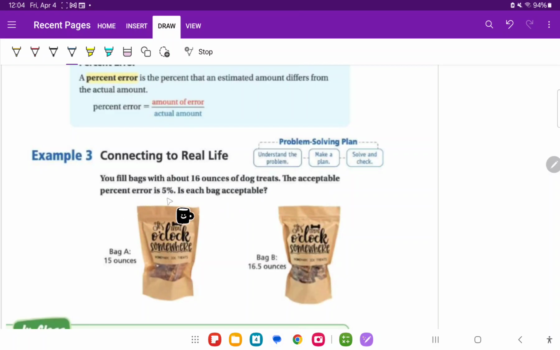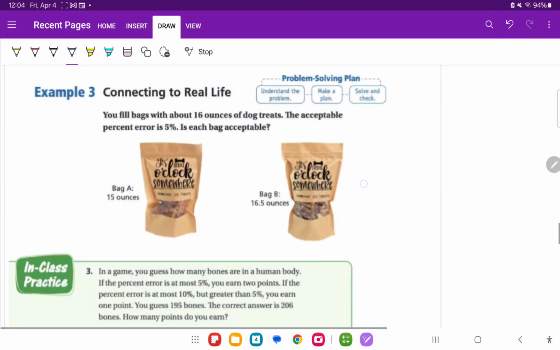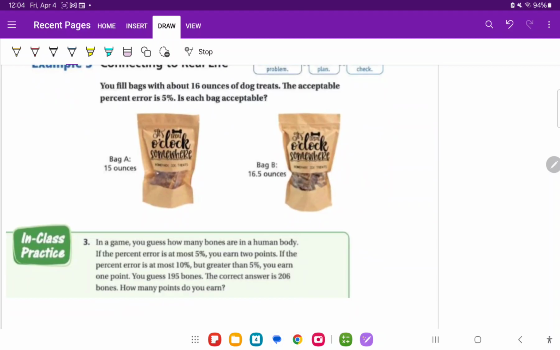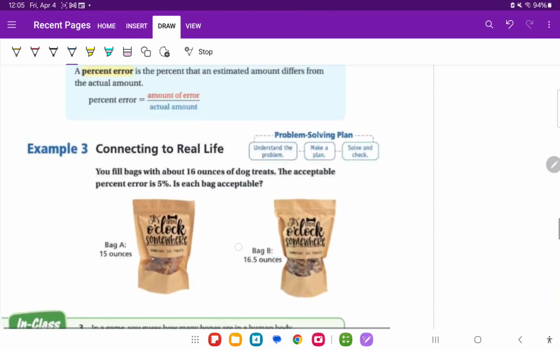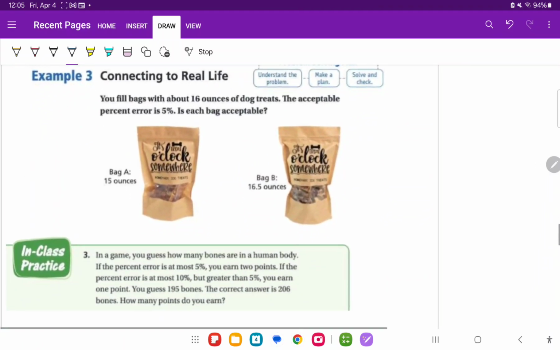The acceptable percent error is 5%, and each bag is checked. So we have to calculate the amount of the error and then divide it by what the actual amount was supposed to be. Okay, so for this bag, it's 15 ounces.